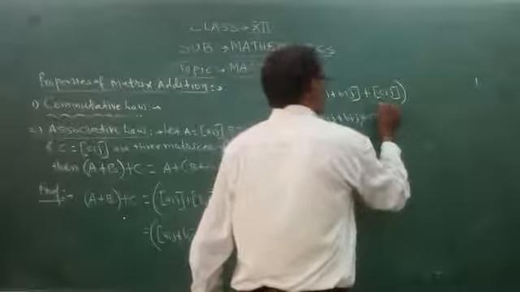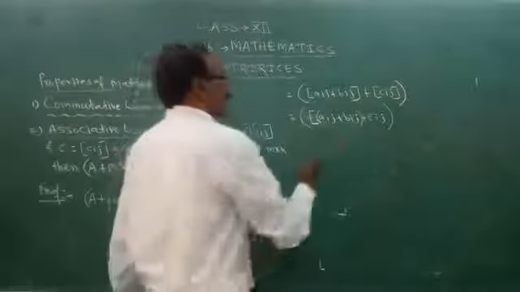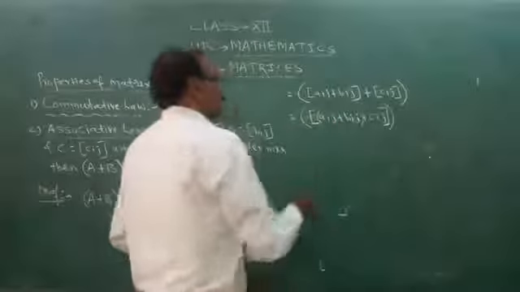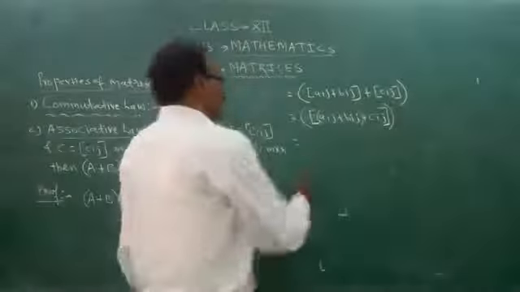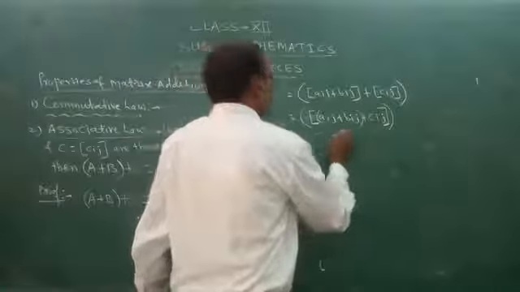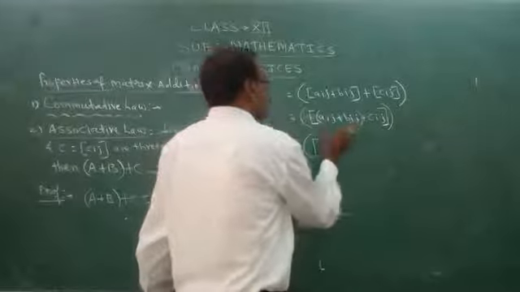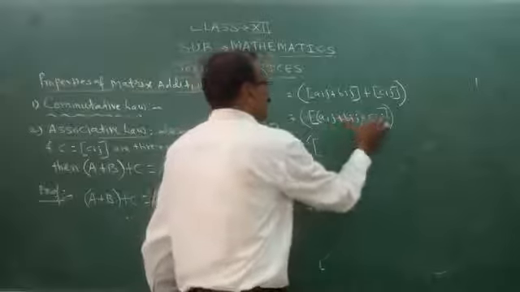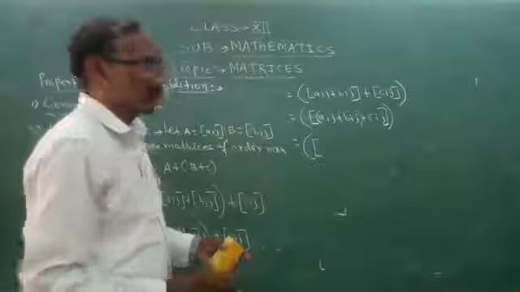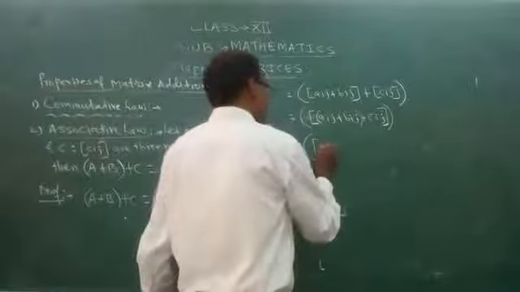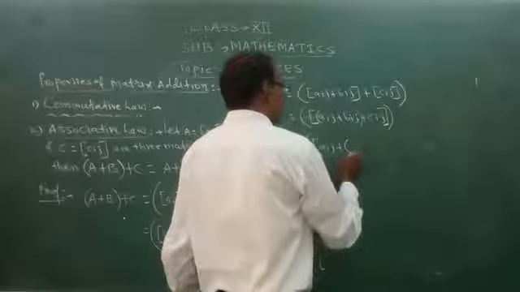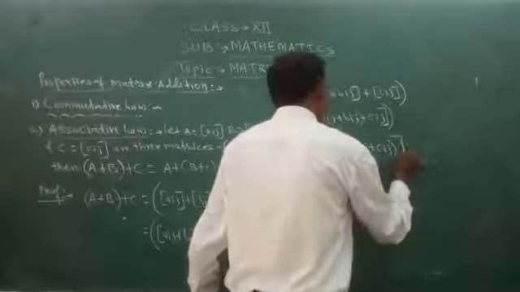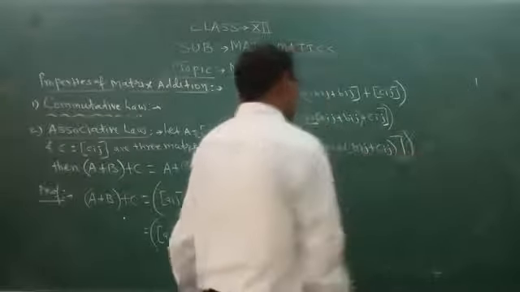Combine these numbers. In the matrix, these are three corresponding elements, and the numbers are associative. So I am adding second and third because the numbers are associative. So that is Aij plus, Bij plus Cij. In this way I am completing the matrix.